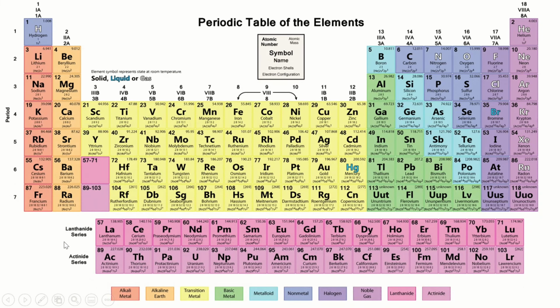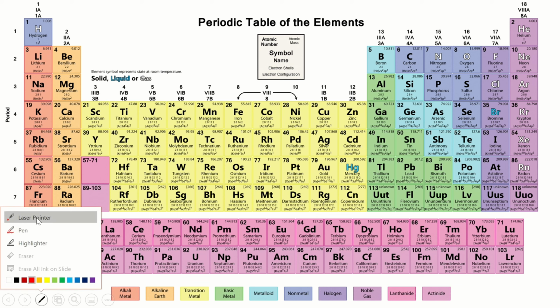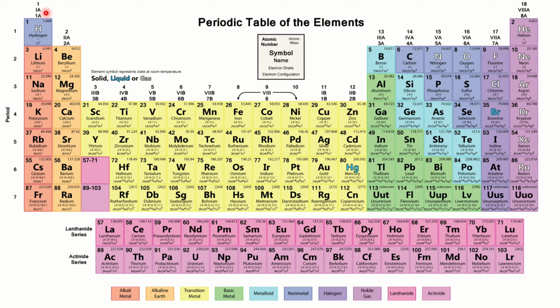Okay, and we can determine the number of valence electrons based on the group number. For group 1, all of these elements, the valence electron is 1. For group 2, they have 2 valence electrons. For the transition metals from group 3 to group 12, their group number doesn't identify the number of valence electrons.